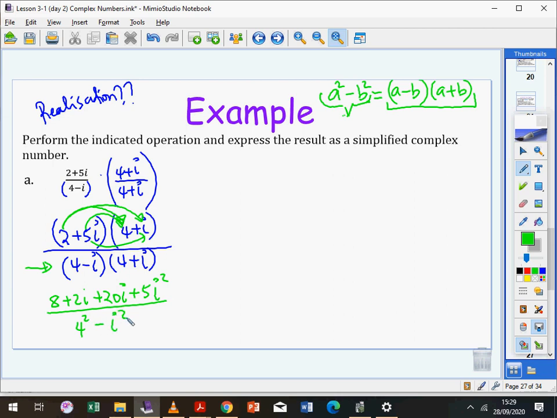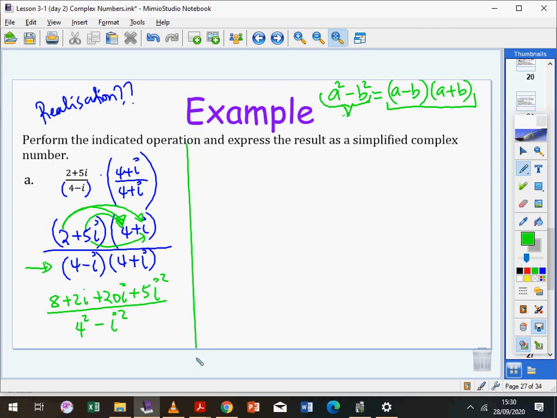I'm simply using this definition up here that if you have two factors that are the same except for the sign in the middle, which is the opposite, then I know that is the expansion of this difference of squares. So I'm going to go ahead and simplify.